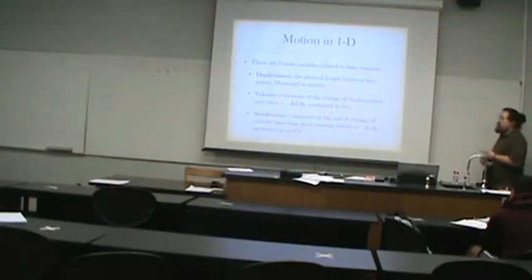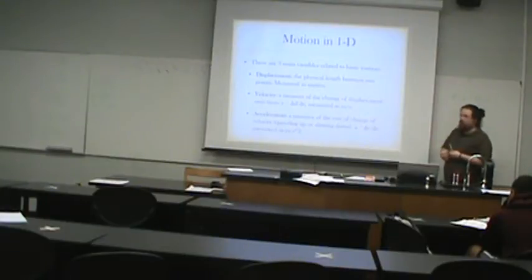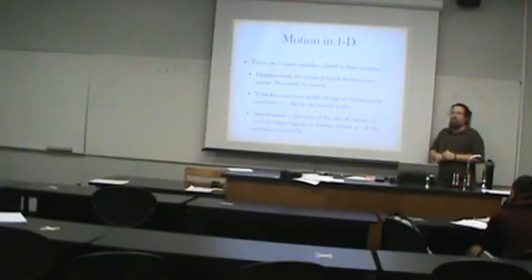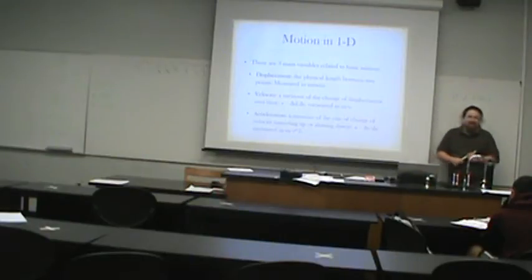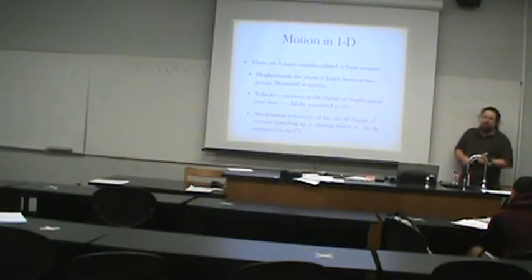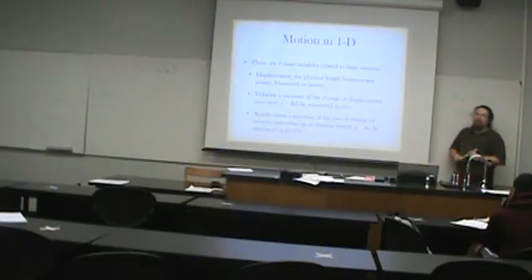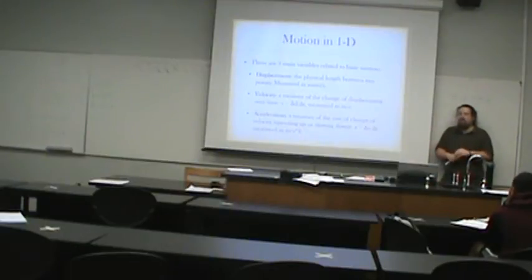So whenever you change velocity, you are accelerating. That includes speeding up and slowing down. In American English, the word decelerate gets thrown around a lot for when you're slowing down. But as far as standard international physics is concerned, the word accelerate itself refers to both speeding up and slowing down.